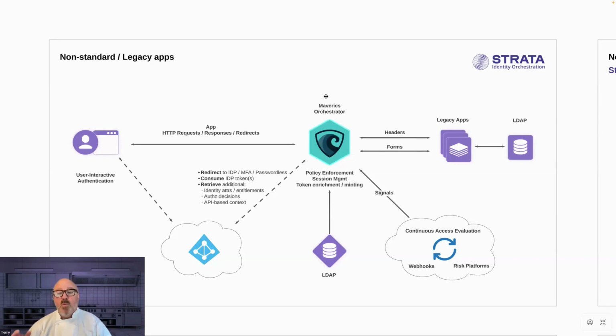But by policy, if we haven't seen you before, we're going to say, great, let's go ahead and send that user to Entra ID for authentication to prove that they are indeed who they say they are. Once Entra redirects back to us and says, hey, yeah, this is a valid user, that's when we start doing our magic. Once we know we've got an authenticated, authorized user, we then can go to the LDAP here at the bottom. We're going to go get additional contextual information about the user, and we do that at the sub-second that it's needed.